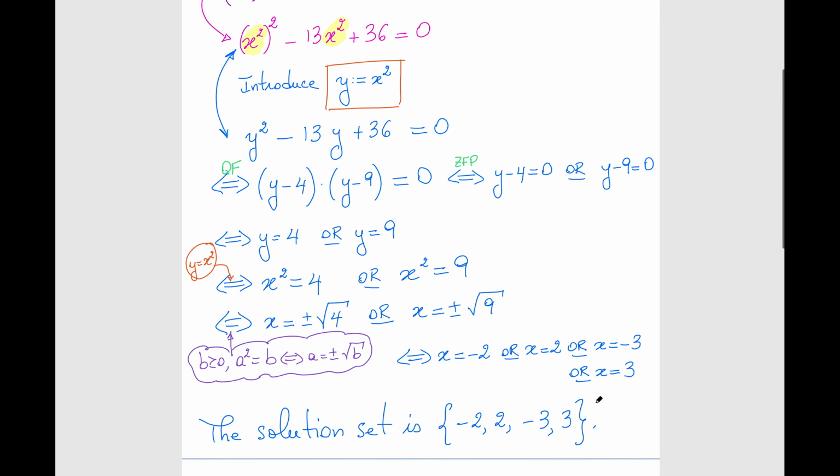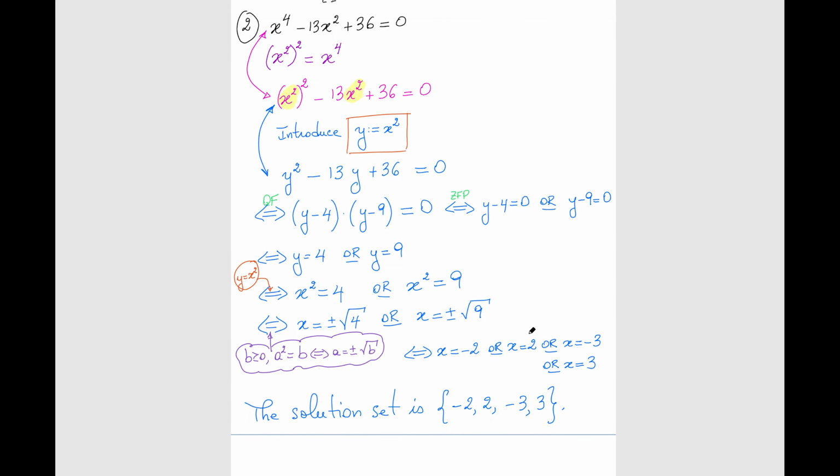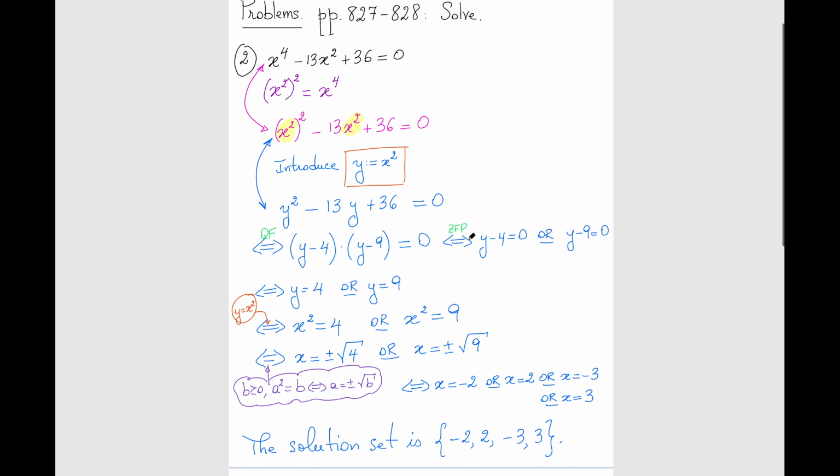All right. So we've done it algebraically, right? So everything here is algebraic. So geometrically, what are we trying to do? We're trying to match the graph of this function x to the 4 minus 13x squared plus 36 with 0. We're trying to find for which x the two functions meet.